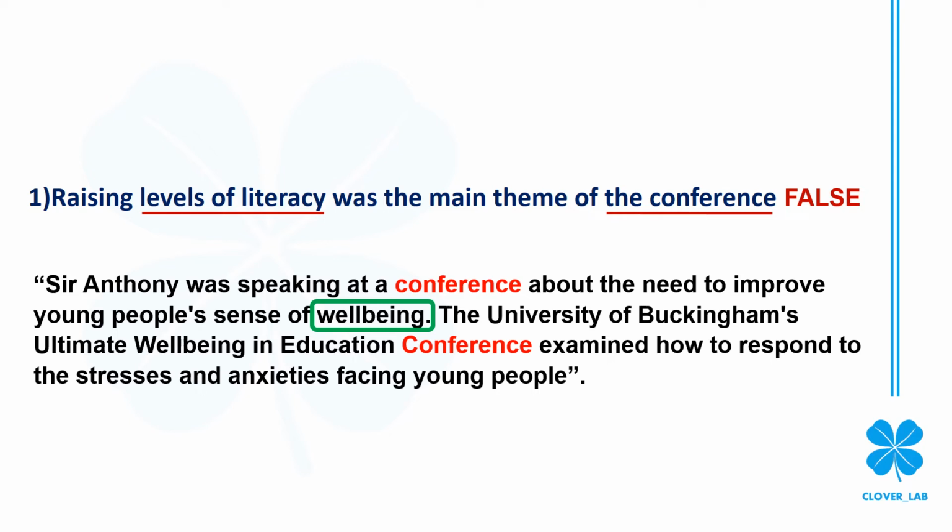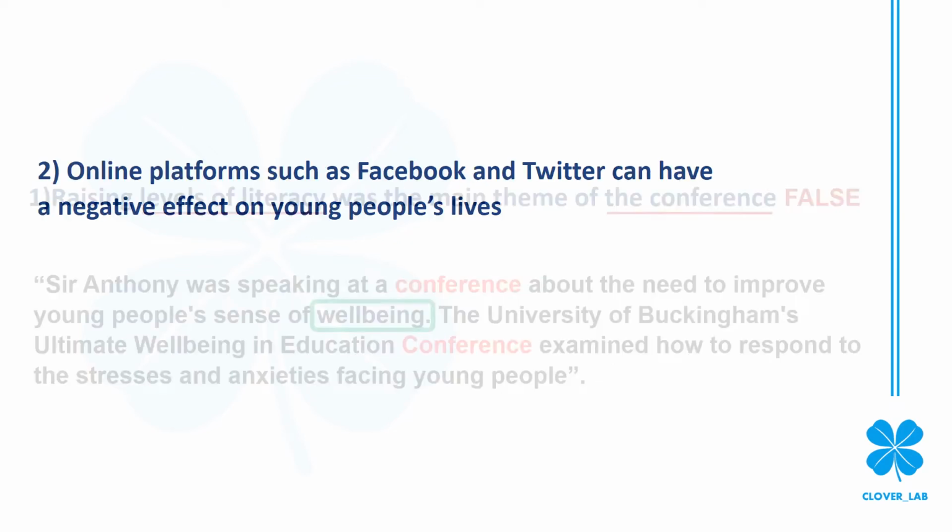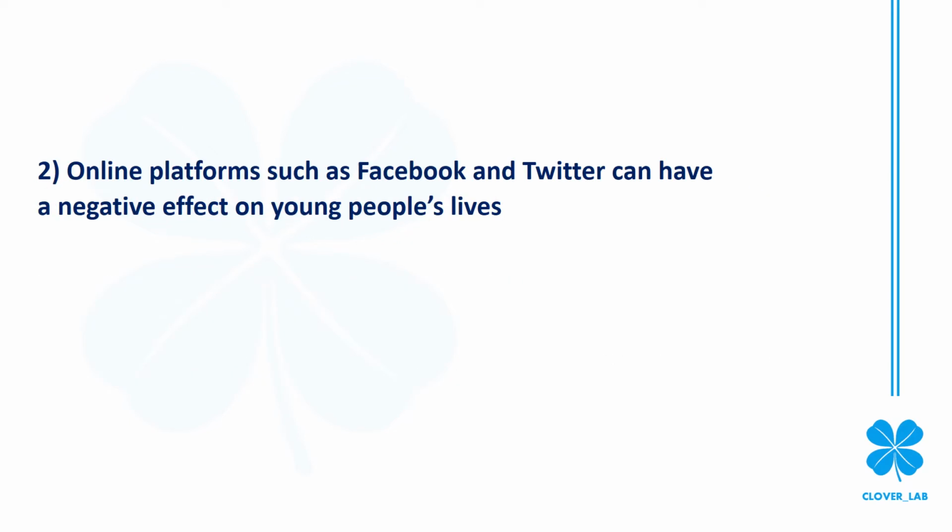Alright, guys. Next we have our second statement. Online platforms such as Facebook and Twitter can have a negative effect on young people's lives. In this case, we should continue scanning from the location of the last answer.